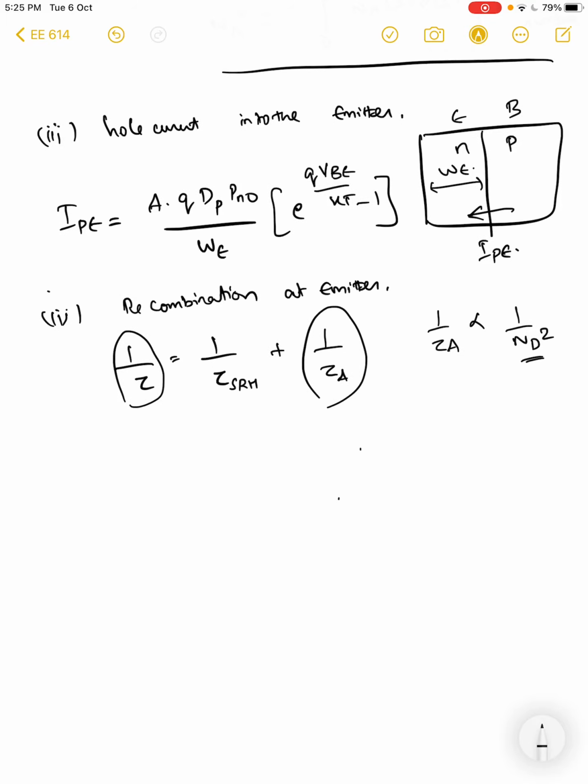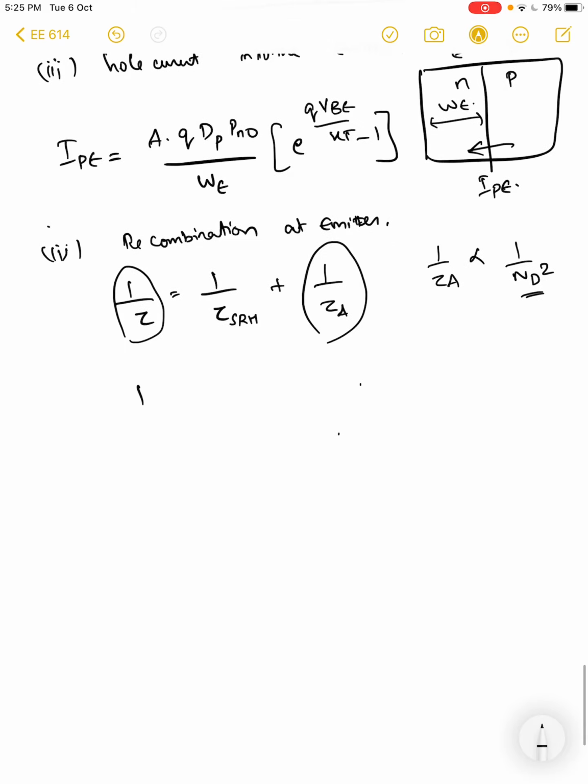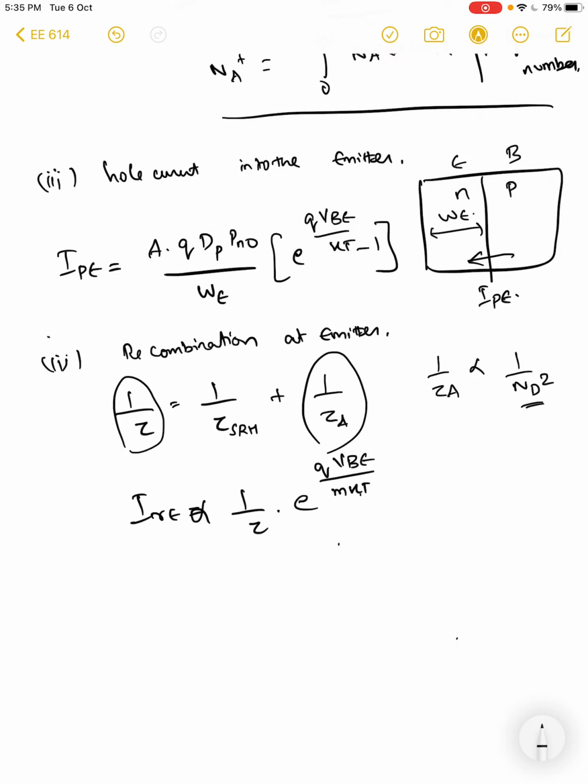And we know what the recombination current is from the previous discussion on recombination and generation. I emitter recombination will turn out to be proportional to 1 by tau e power q VBE by mKT. And in this equation you have m equal to 2 if recombination dominates.